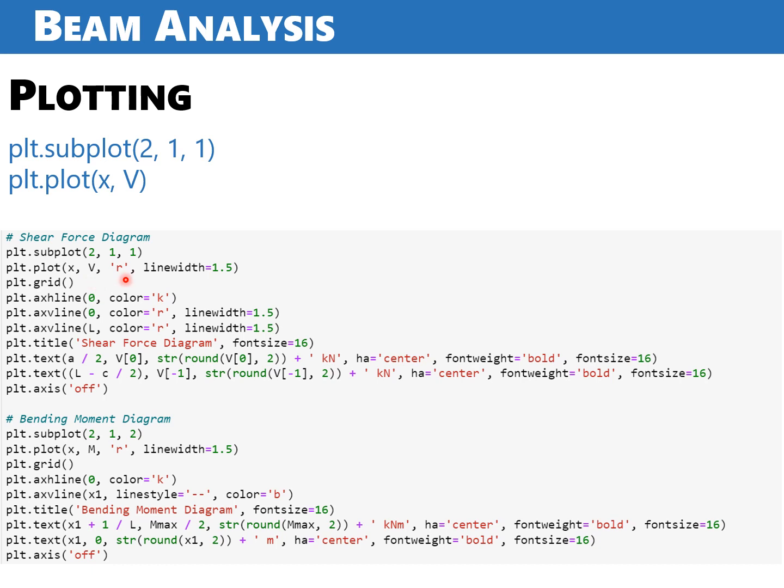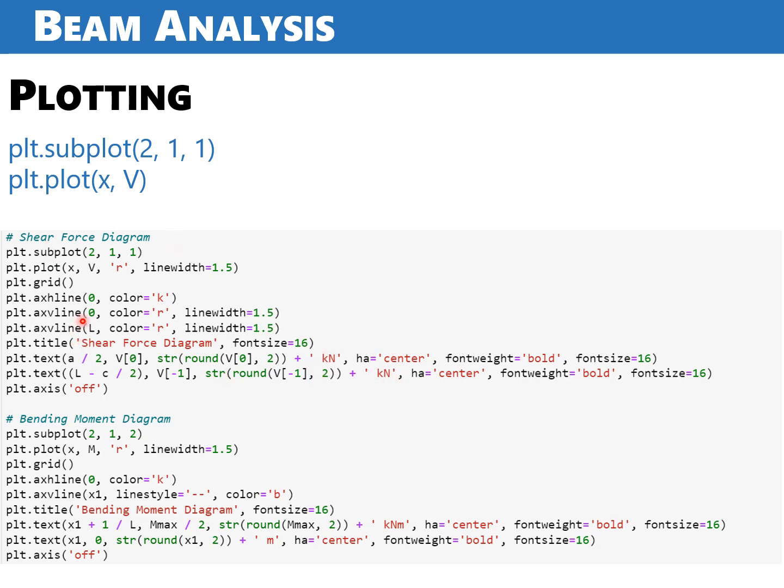You can study these variations which can be created in plotting in detail. plt.grid has been used to create a grid on the plot, and then several lines have been created to show a horizontal axis and two vertical lines on the two edges of the plot. The title of the graph, shear force diagram, has a font size of 16, and some text has been shown that I am going to show you on the final plot.